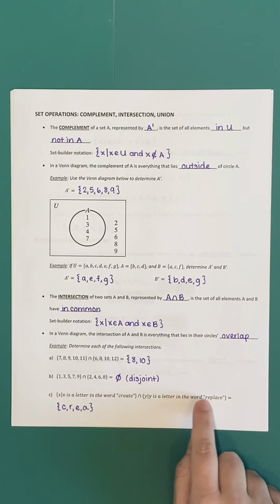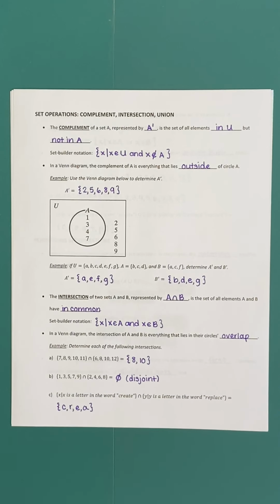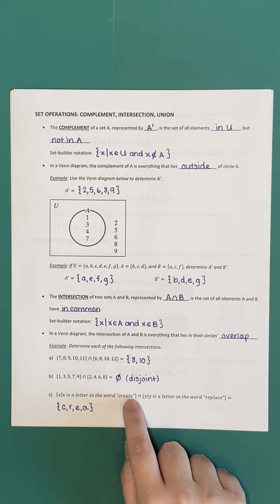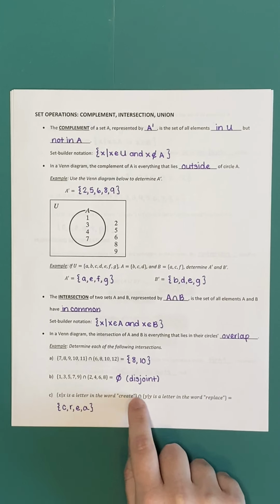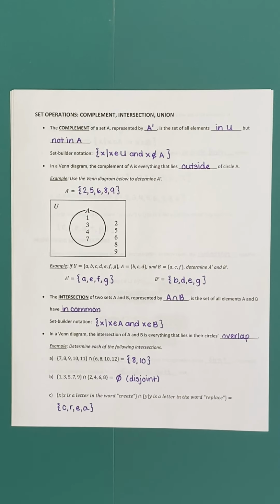T does not match up, so T is not in the intersection. And then we have another E. Technically, we have two E's in both of these words, but remember, it's not really good practice to write duplicates when we're talking about a set, because duplicates don't count towards our cardinal number. We don't really want to write duplicates if we can avoid it.